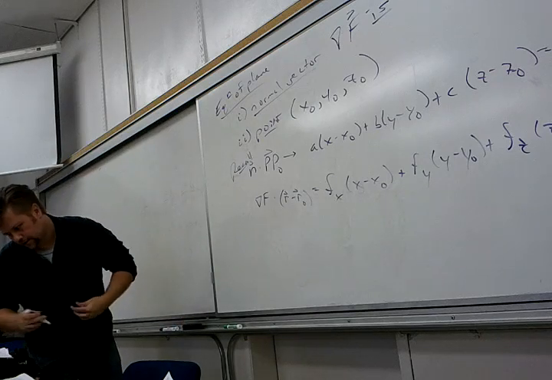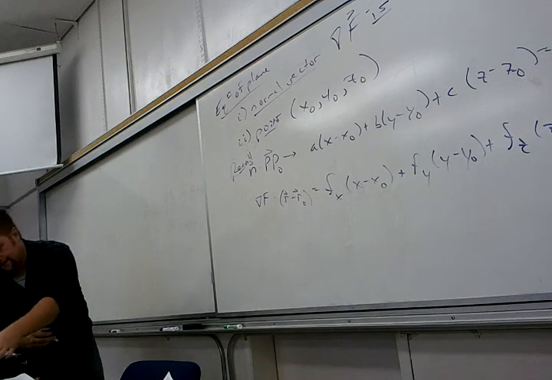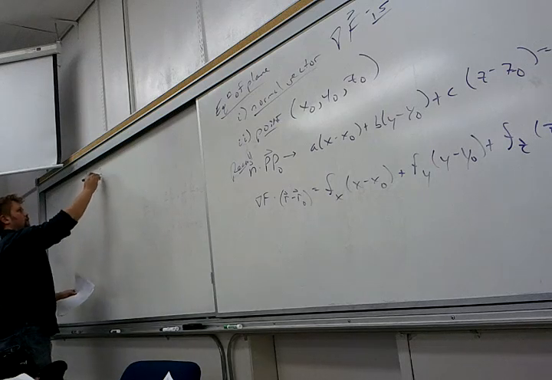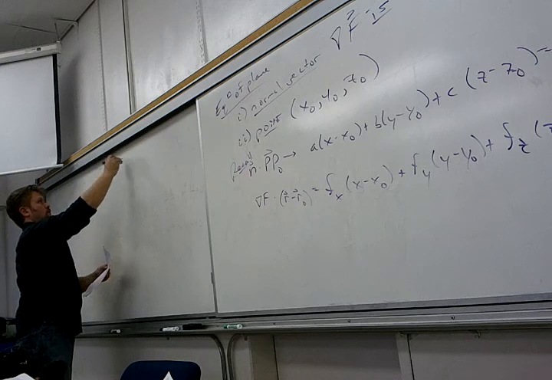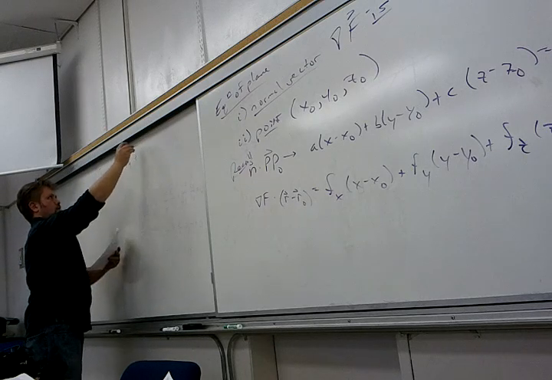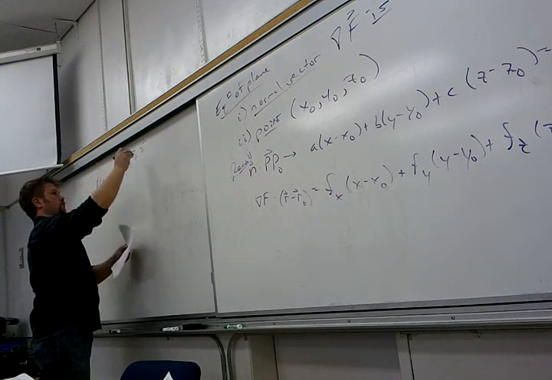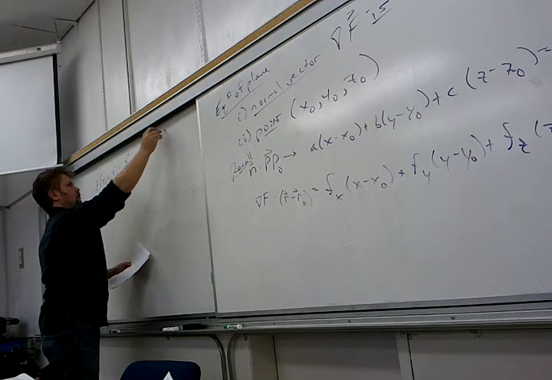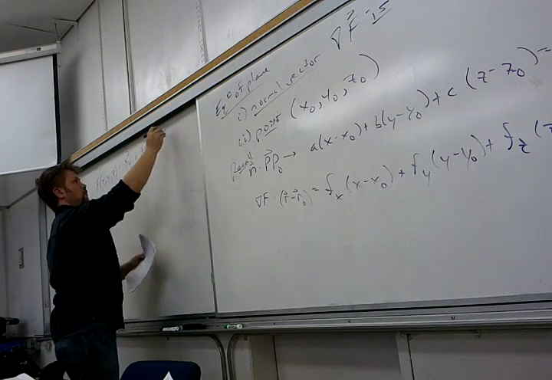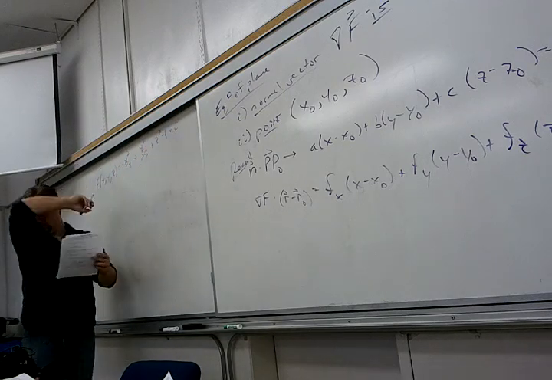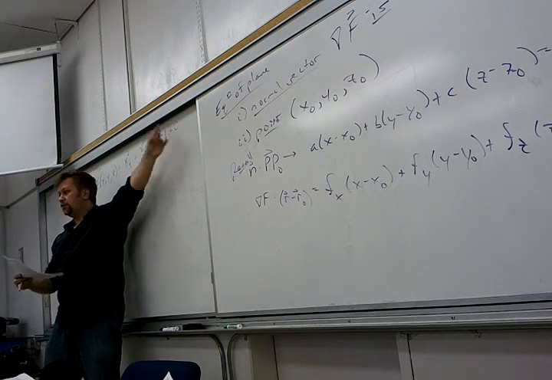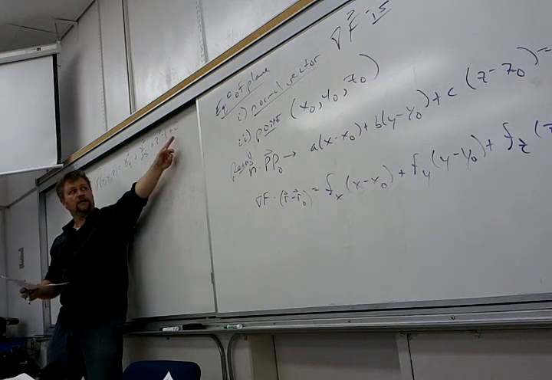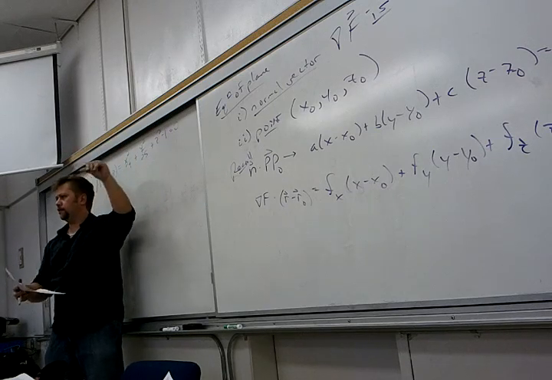So here's an example. If I have this function, right, so it's a level surface with W equal to 0, really. It's kind of always going on in the background here.